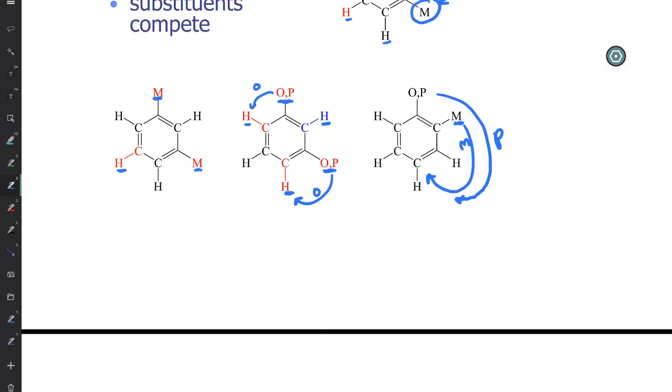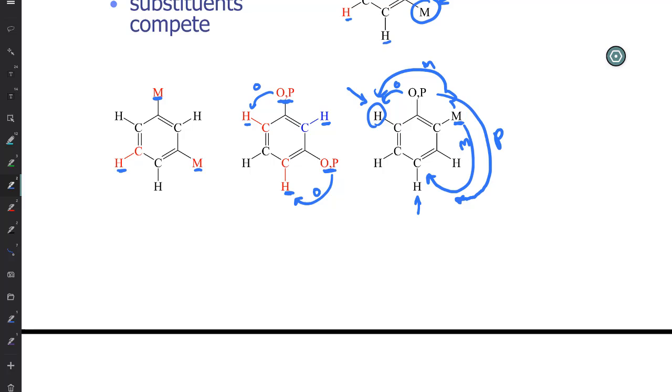And this one is ortho, and you'll notice going in this direction, that's meta. So they're working together to put the substituents. Now, if the substituent is large, it'll probably be here. And if a substituent is small, then it'll probably be there. But the ortho para and the meta directors are working for the same position.